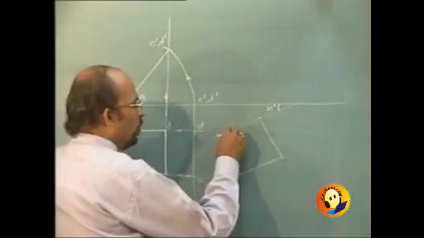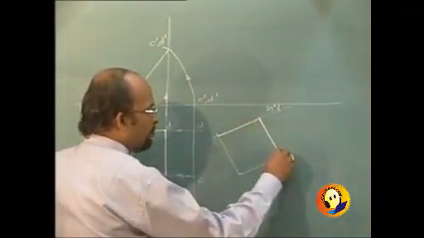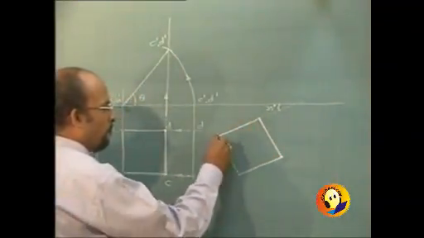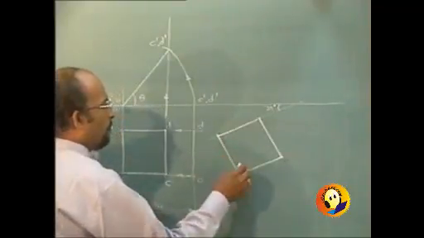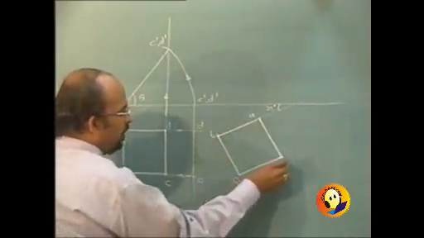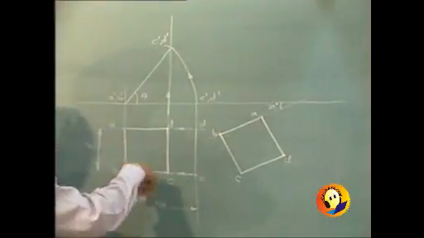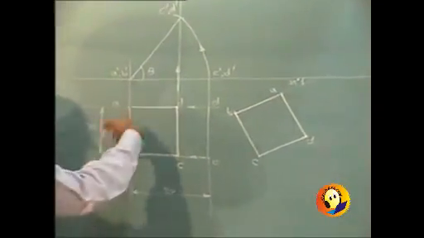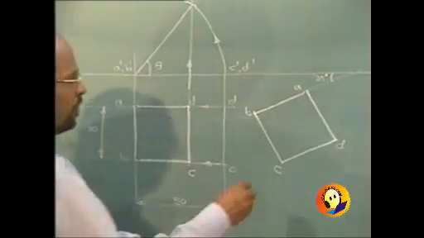So rotation in plan now, it will be A, B, C, D. Preserve the same nature of naming it. I am naming them in anti-clockwise manner.